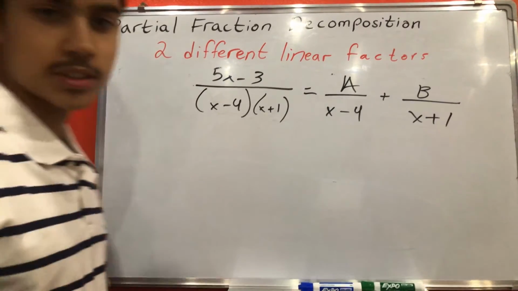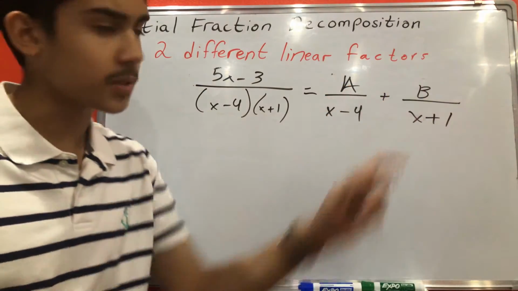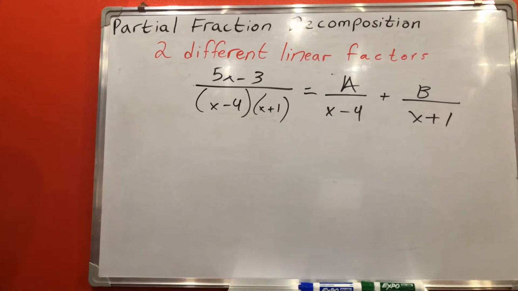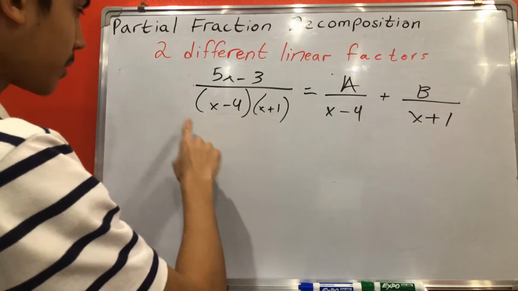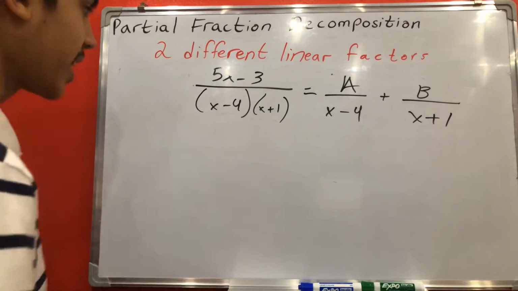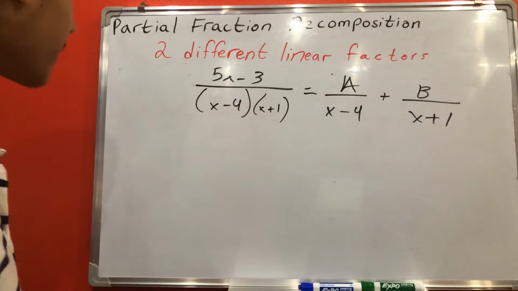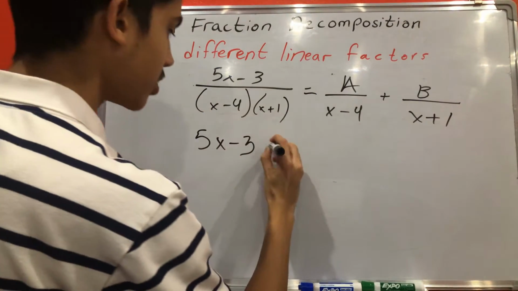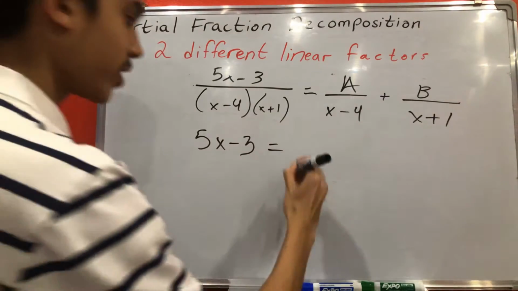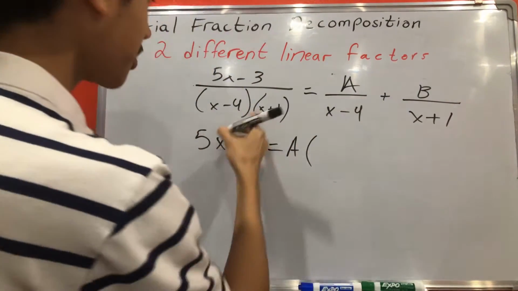So there are two ways that we can go about solving for the A and B. I'm going to show you both of them, but I'm going to show you the faster way first. So the faster way is we just multiply both sides by x minus 4 and x plus 1. So what that will do for us is that we'll completely get rid of the denominator on the left side, and on the right side we'll just have the unused factors.